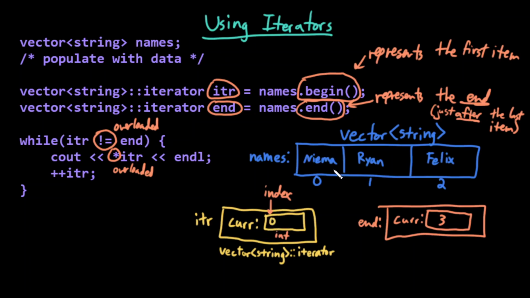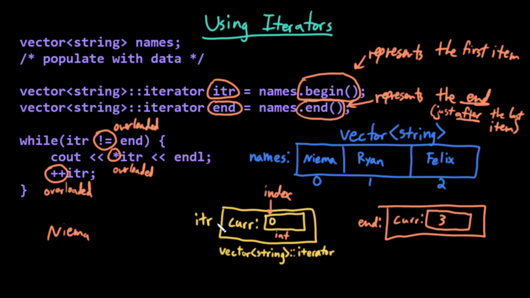So it'll return Nima. So this would print Nima. And then plus plus iterator. I'm incrementing my iterator. Again, it's not an actual pointer, so this is also overloaded.